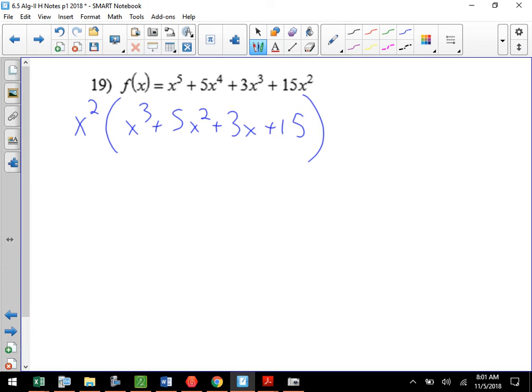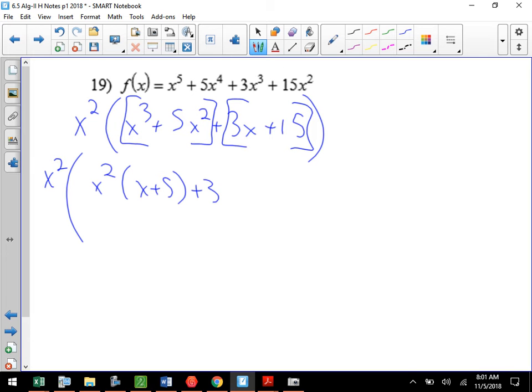Now it's forcing you to group. All the while, this x squared stays outside. I'm going to group these guys and get GCFs again. In doing so, I get an x squared, and I have an x plus 5, a positive 3, and an x plus 5. So far, so good? Are the two things in parentheses the same thing? That's a very good sign, so you rewrite that down. Right now I have an x squared, I have an x plus 5, and then what's left? X squared plus 3.